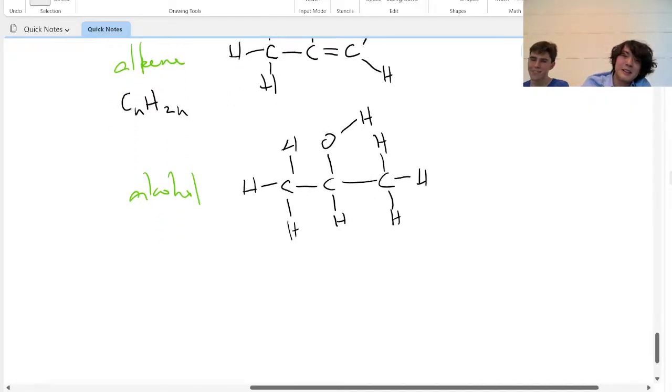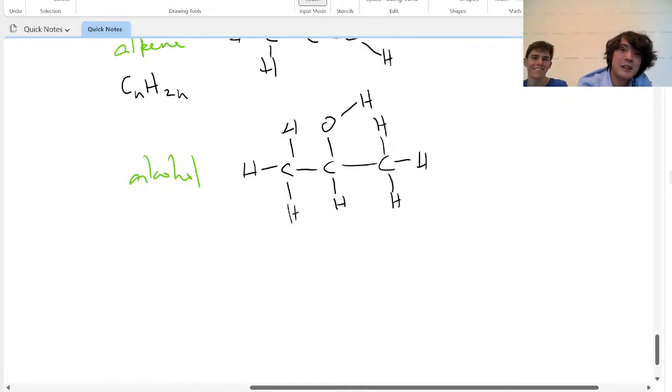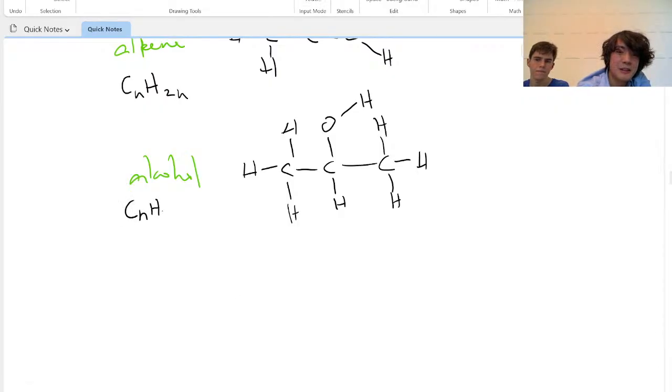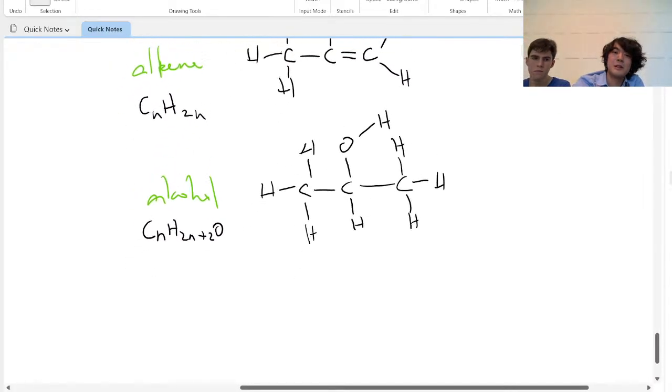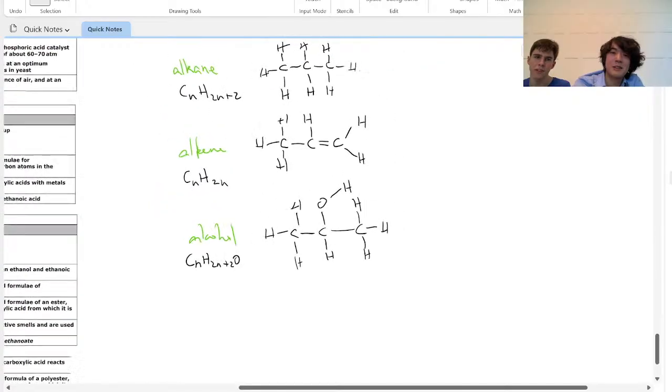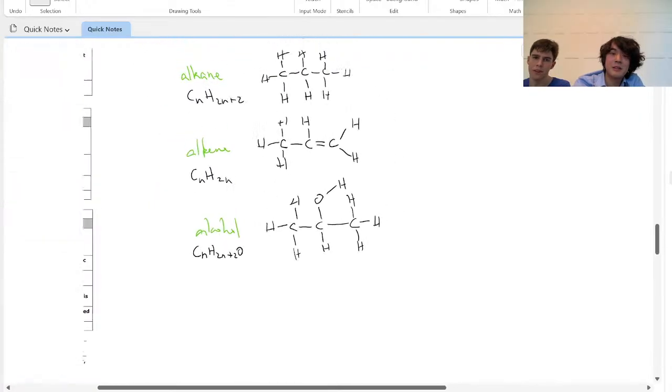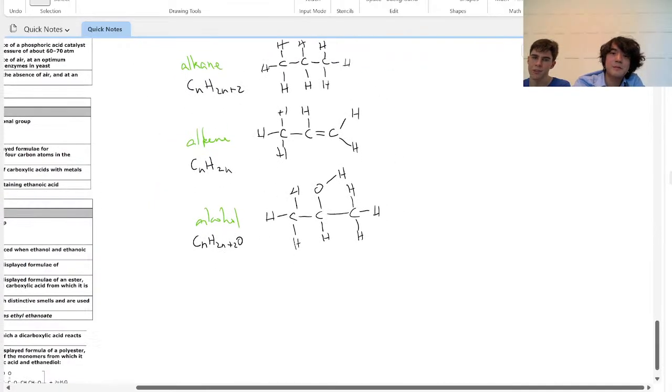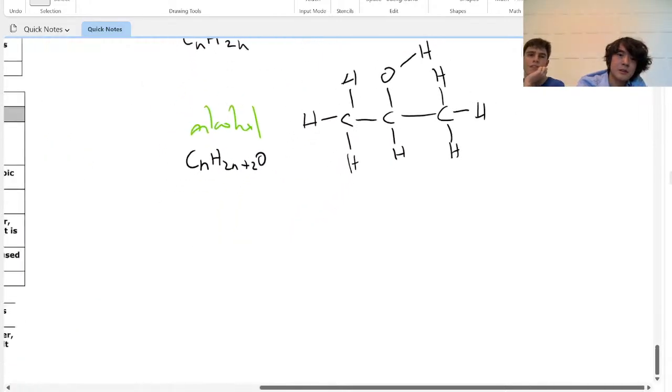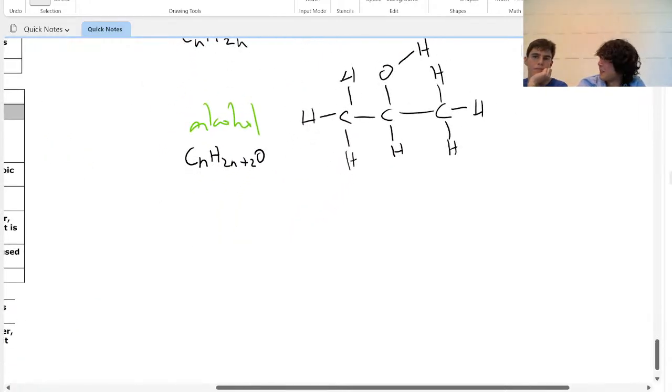The general formula is CnH2n+2O, but I don't think you need to know that. You'd only need to know it for alkane and alkene, and if not, you can just figure it out. It's just an alkane with an O. The general formula for carboxylic acid will come up, but you can figure it out quite easily.